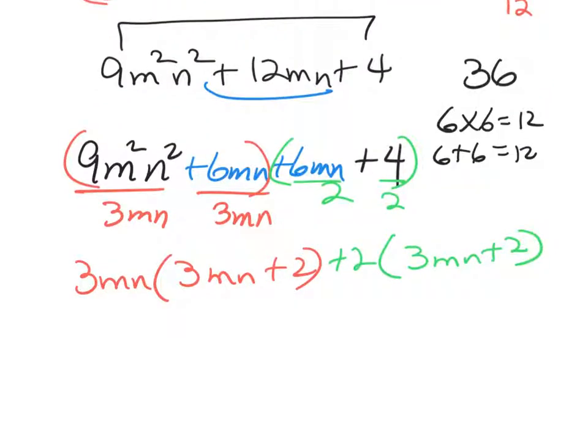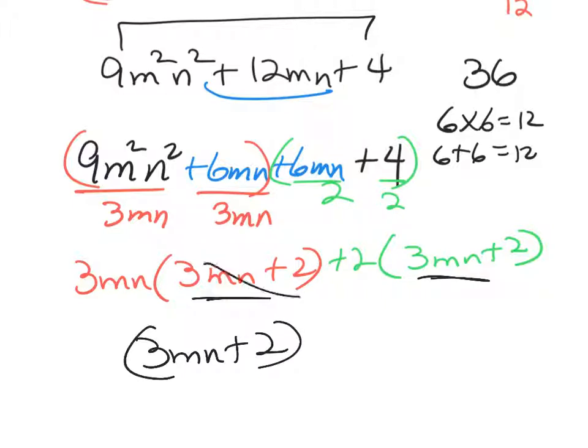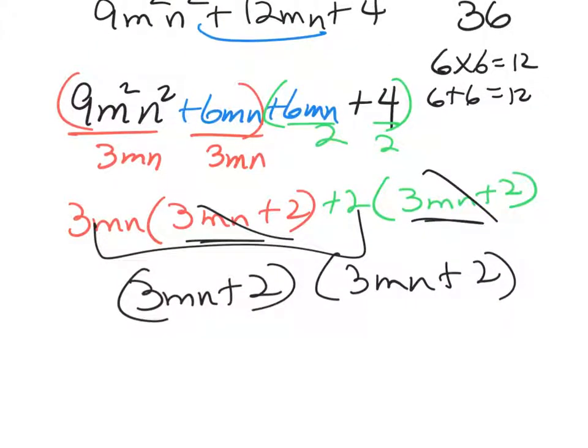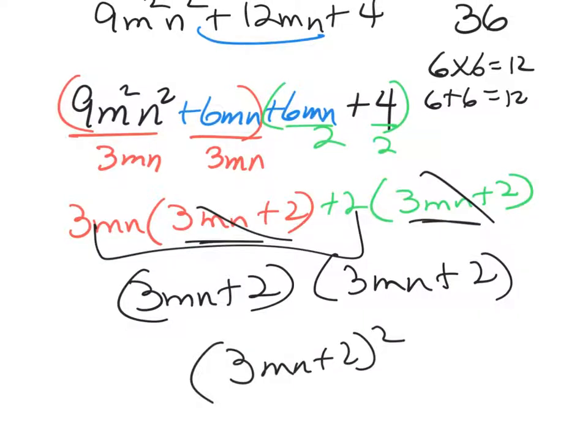Again, your goal was to make these the same. They are the same. Write it once. And then put these two together. And notice it's exactly the same thing. You can either write it like that or write it as 3mn plus 2 squared. Either way.